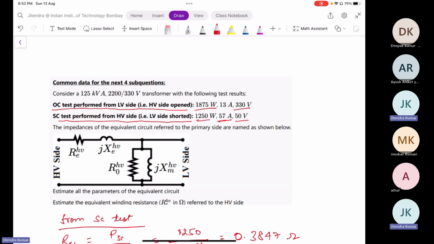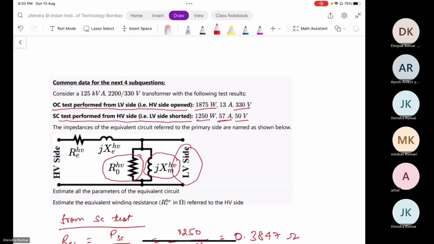So HV side is kept open and 330 volt is applied from the LV side. These are the parameters that should be computed from the OC test.